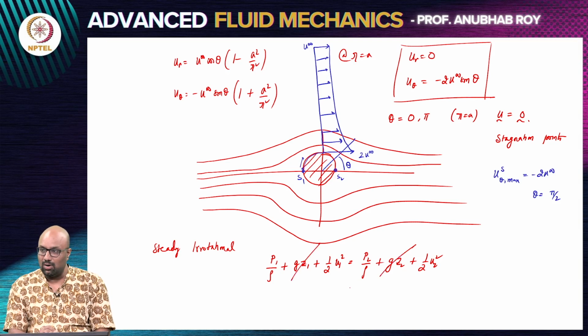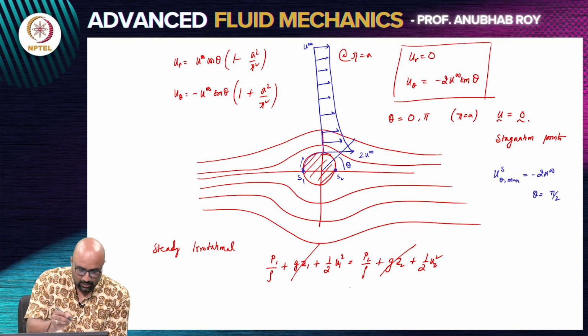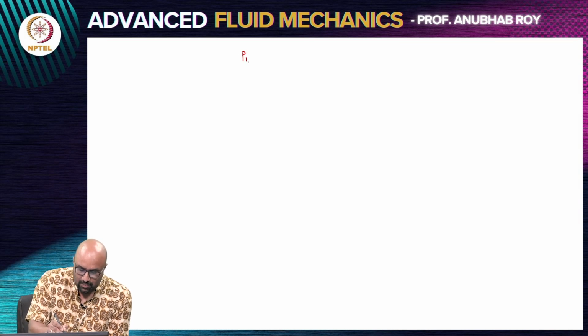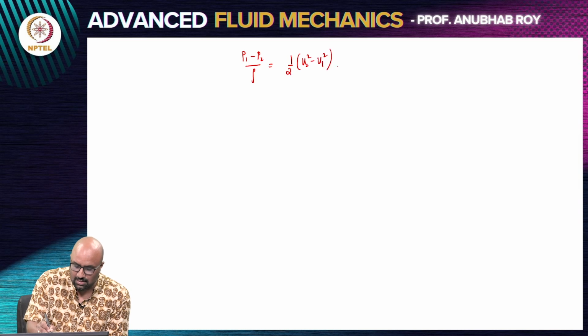So, I now have a relation involving pressure. I have P1 minus P2 by rho is half of u2 square minus u1 square.